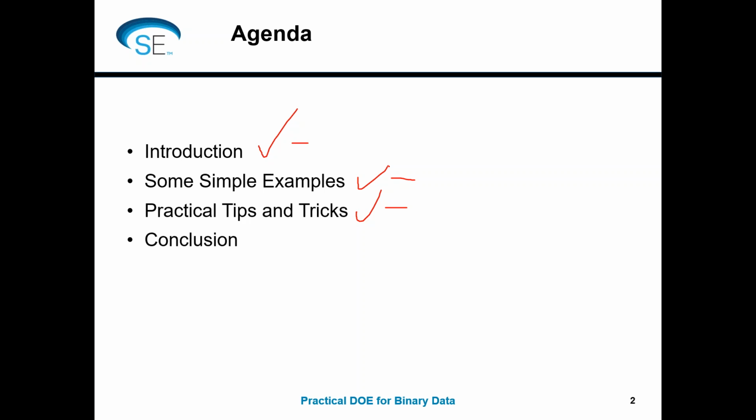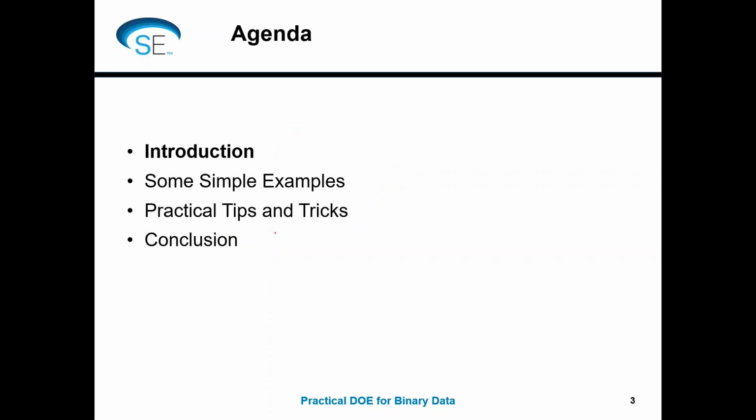There's not nearly as much about how to set up the actual experiment. In other words, how to choose what runs you're going to be doing, knowing ahead of time you're going to measure a 0, 1, or yes, no, or any other type of binary response. And then I'll wrap things up, give you some resources, and then send you off for the day.